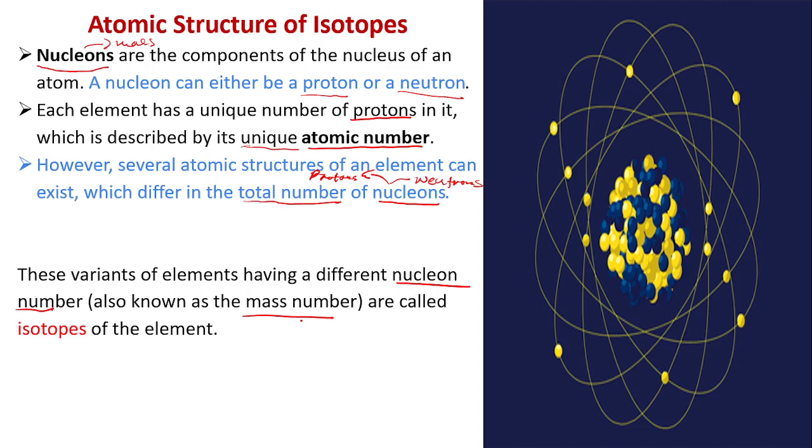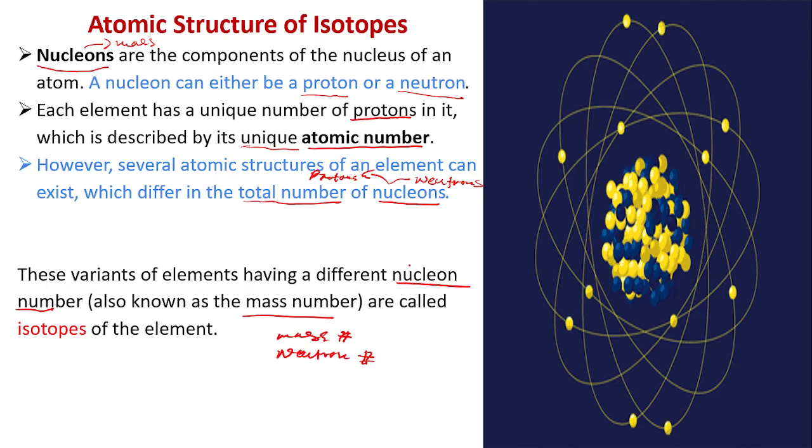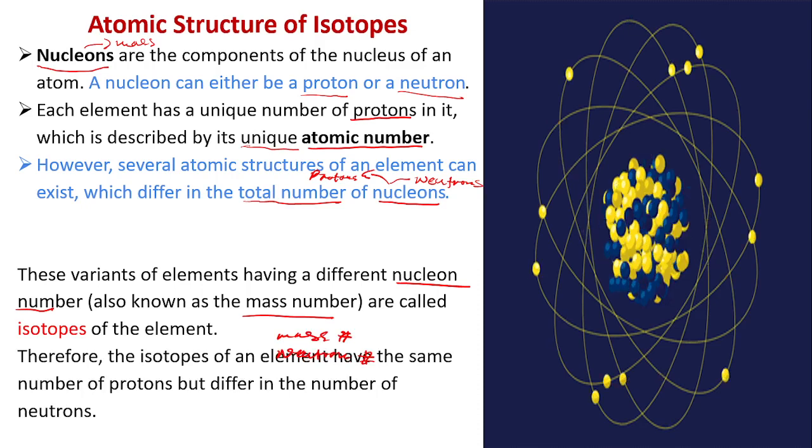So two things differ in isotopes: the mass number and the neutron number. Therefore, isotopes of an element have the same number of protons, like I've already explained, but differ in the number of neutrons.